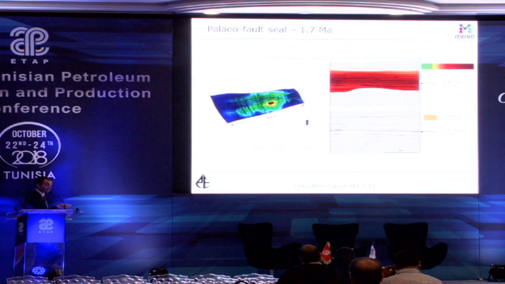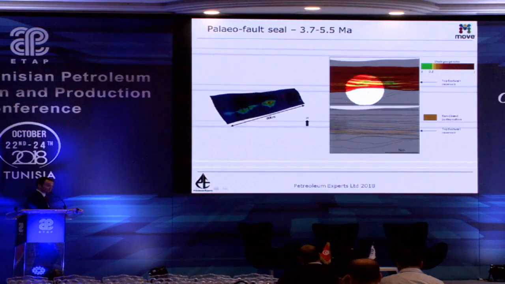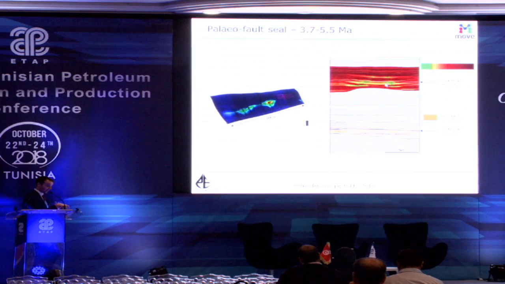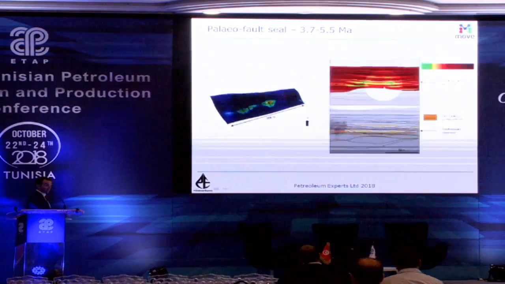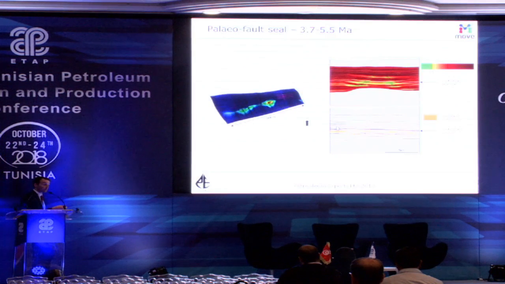It's almost certainly still sealing. But when we get back to that N50 level, which is between 3.7 and 5.5 million years, we can see there's a significant change in the shale gouge ratio values. We have quite a lot of greens and yellows, values below 0.2, and in the juxtapositions, we've got quite a lot of yellow down here. There's quite a lot of values that represent sand on sand juxtaposition.